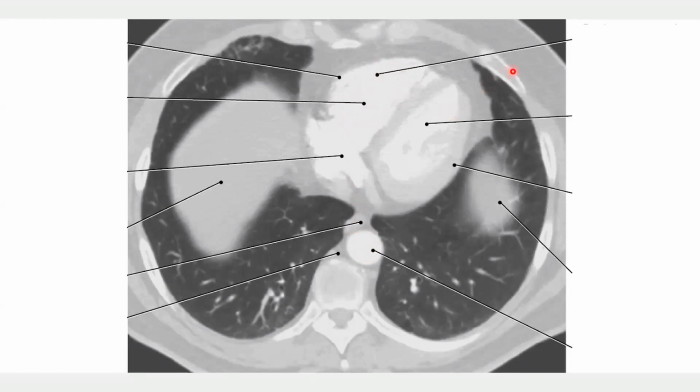Okay, so this is the left side of the body and this is the right side. That makes this what? Oh, yes, exactly. This is the right ventricle and this is the left ventricle.